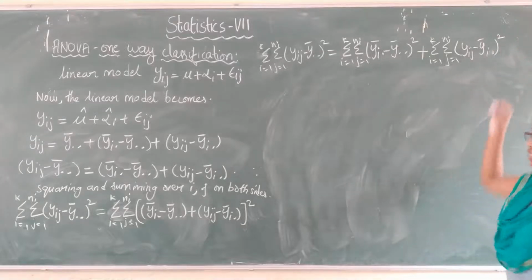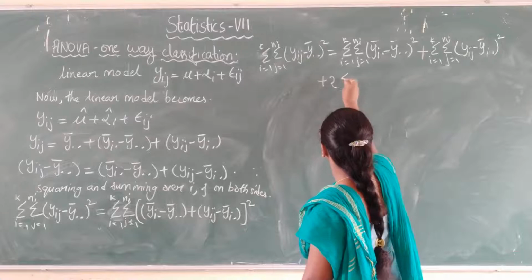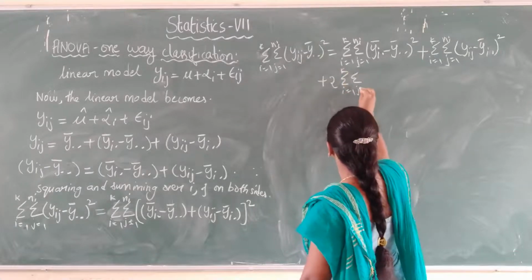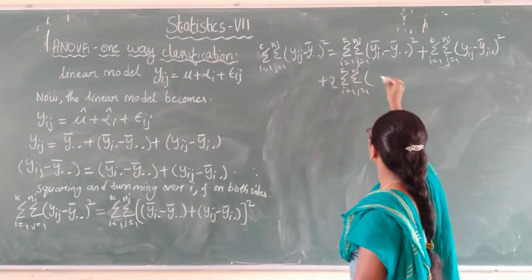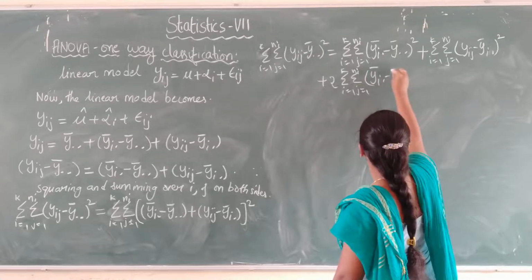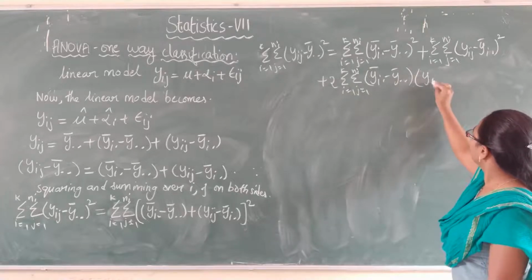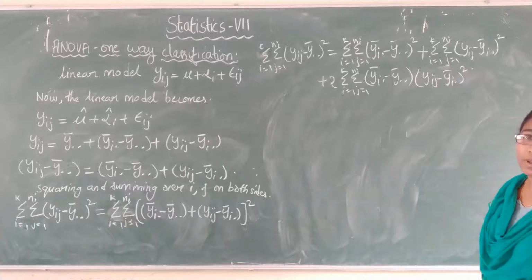So this is b square, plus 2 into double summation, i equals 1 to k, j equals 1 to ni, 2 into ab, that is yi dot bar minus y double dot bar into the second term yij minus yi dot bar.